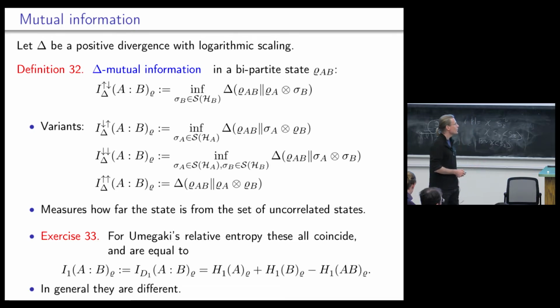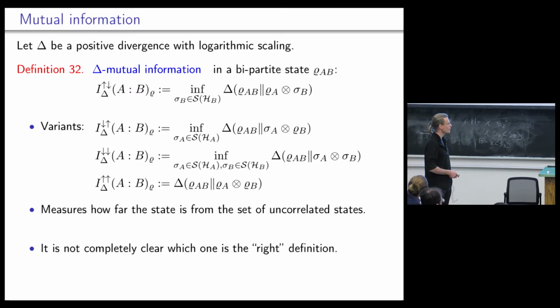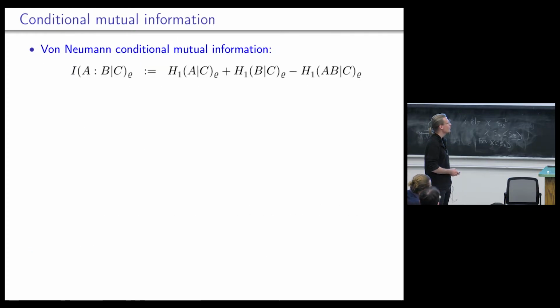But in general, if you take another divergence, they are going to be different. Okay. And it is not completely clear which one is the right definition. As I said, this is somehow the most used one. We will see some examples of it, but it's not completely decided which one is the right one. Okay.